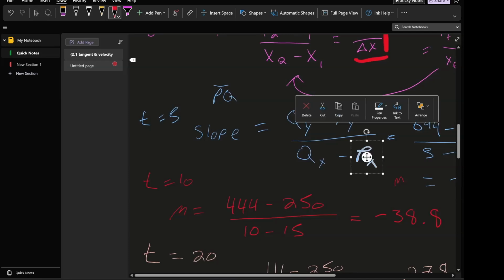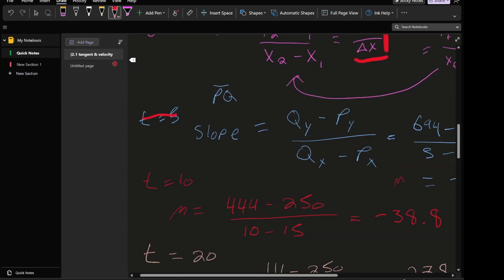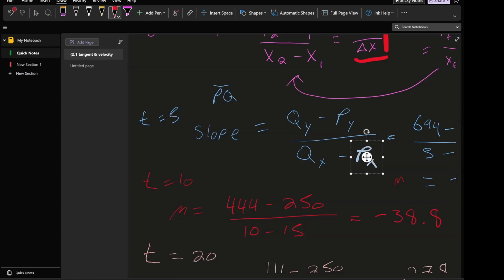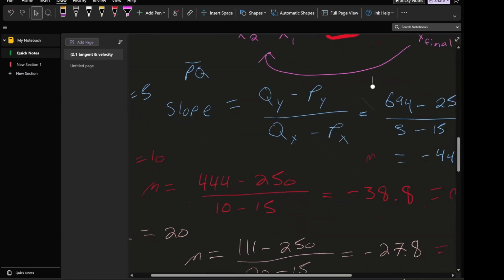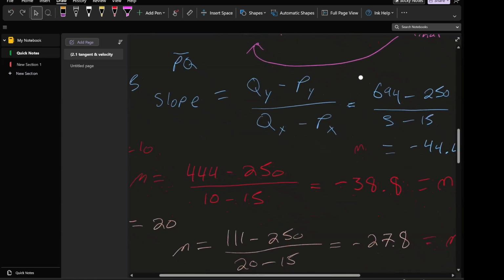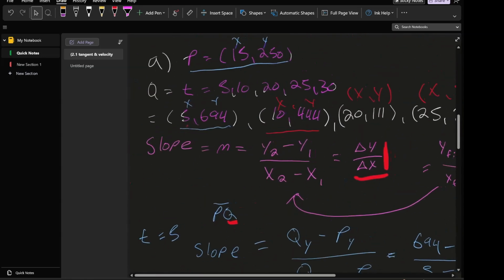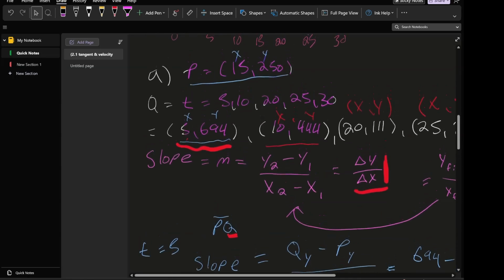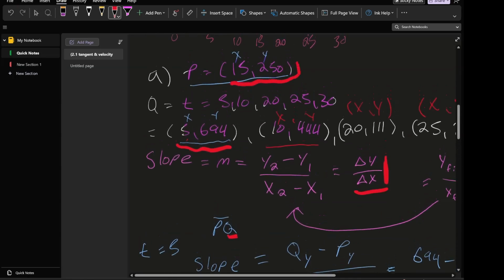So for your first, t equals 5 minutes, the line segment PQ slope will be equal to the terminal point Q y coordinate minus the initial point P y coordinate over the terminal point x coordinate minus the initial point x coordinate, which would be this ordered pair here as your Q point, and this ordered pair up here as your P point.